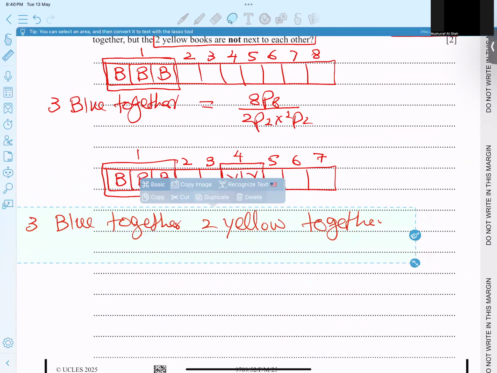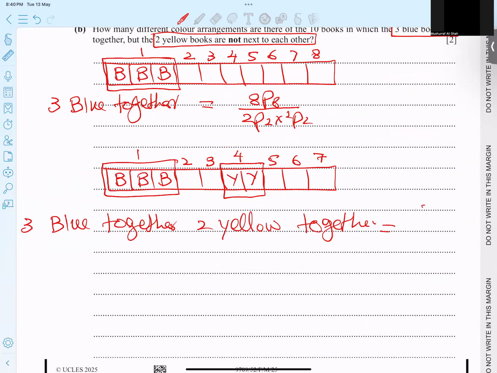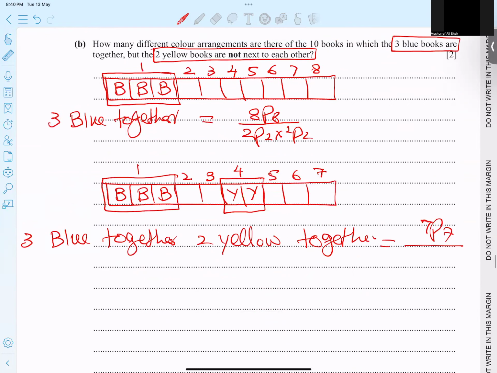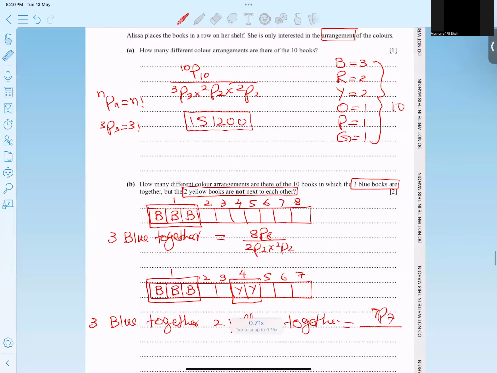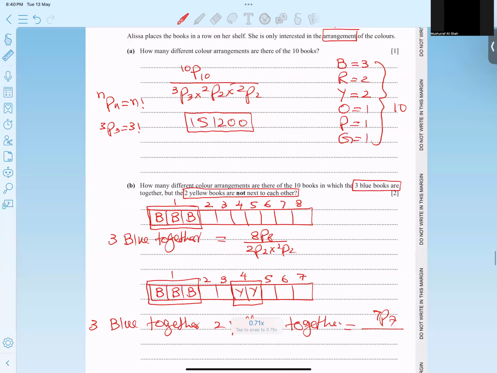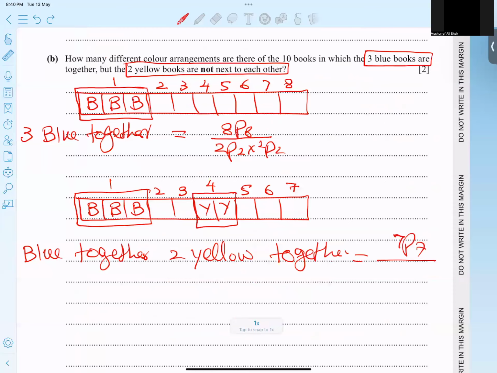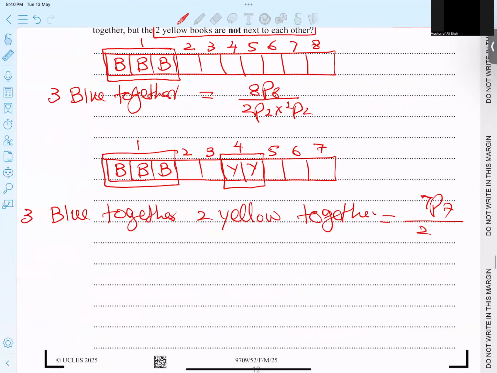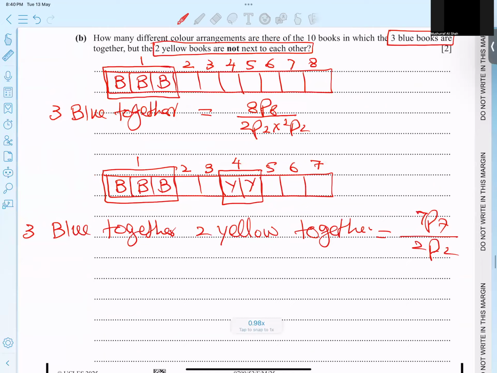Hold on, I write it here. So 7P7, and because, very interesting, yellow are blocked, no care about yellow, blue are blocked, no care about blue. So the 2 red is repeating, that will come in the denominator. I can say 2P2. For your knowledge, this is the answer when blue and yellow are together.